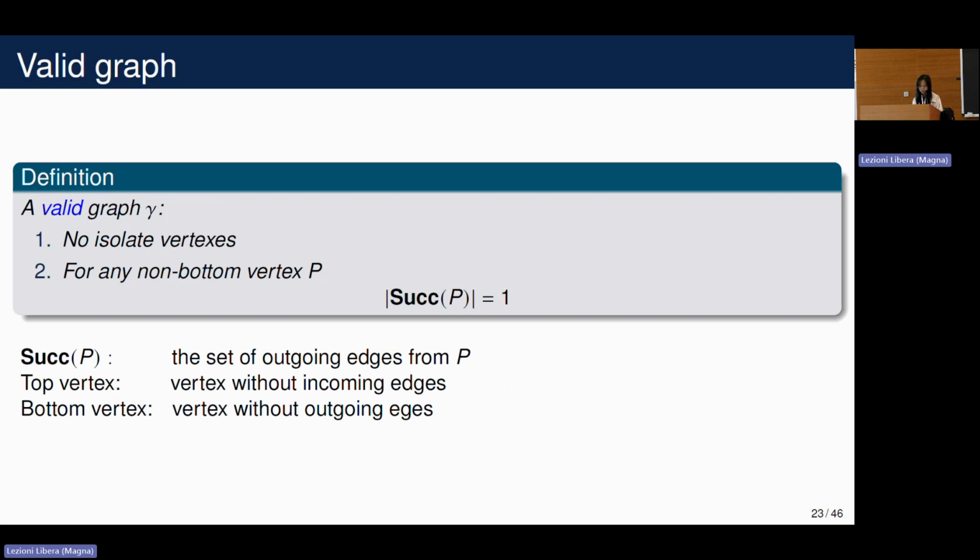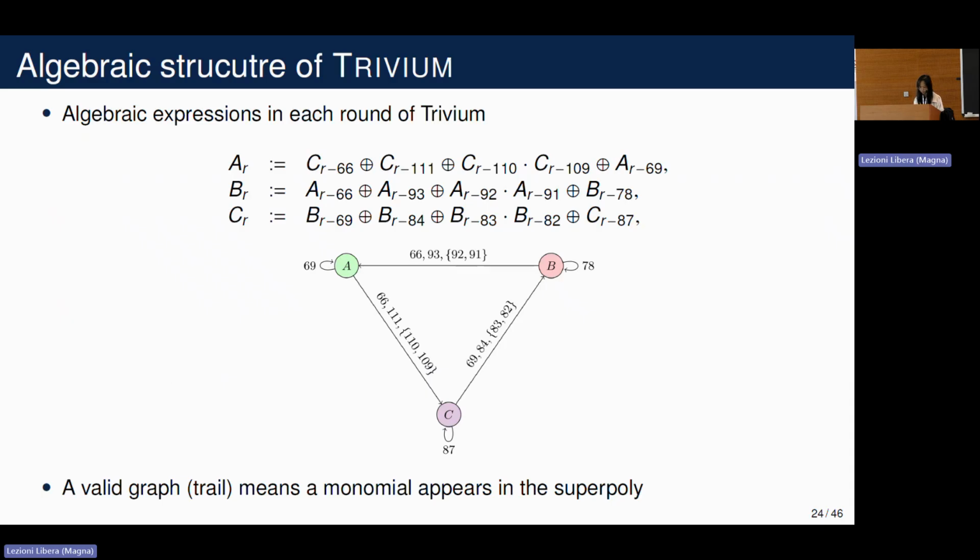The definition of a valid graph is as follows. No isolated vertices, and every non-bottom vertex has only one outgoing edge. The round transition of Trivium can be represented as algebraic representations, so they construct the graph-based model.